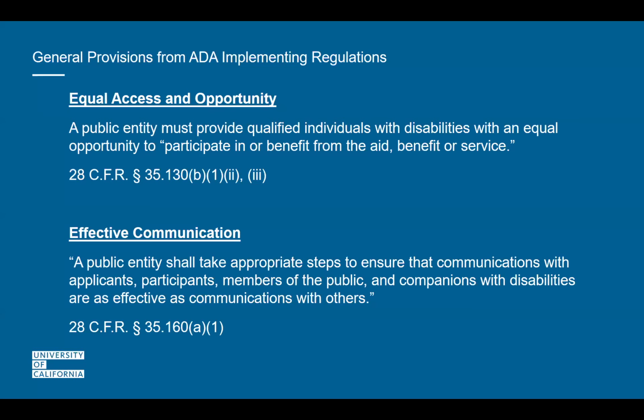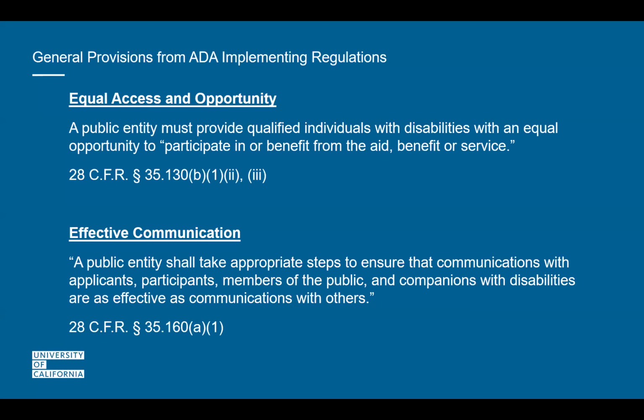A public entity shall take appropriate steps to ensure that communications with applicants, participants, members of the public, and companions with disabilities are as effective as communications with others. Now, there are a number of details and exceptions to these rules, and I won't get into all the details here, but these general requirements have been held to apply to the electronic world.